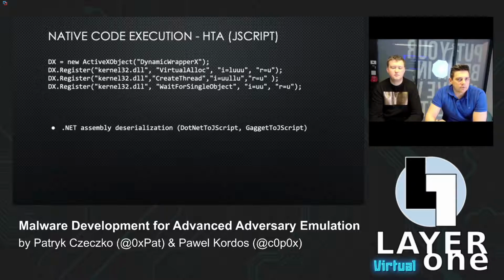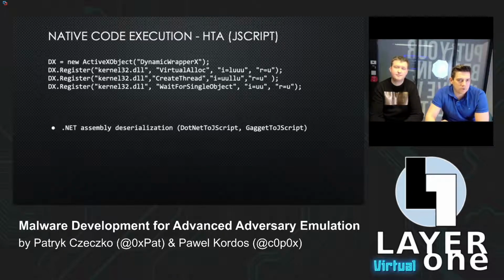And for JScript in HTA, this is very similar to the previous one. We can also import functions from the DLLs, and you may be wondering what's that in double quotes. This is actually the signature of the function. Those letters mean specific parameters like pointer, integer, short, long, or whatever, and this is what the function returns.